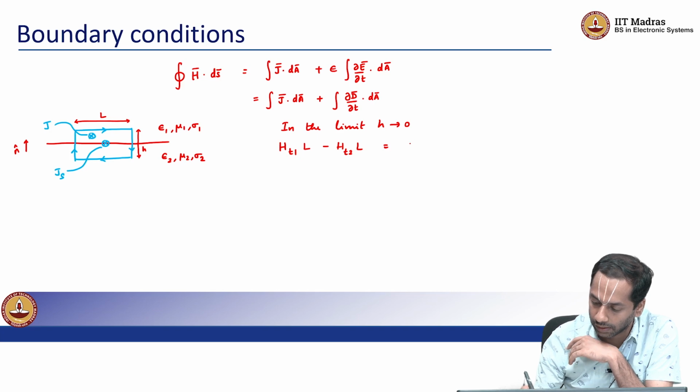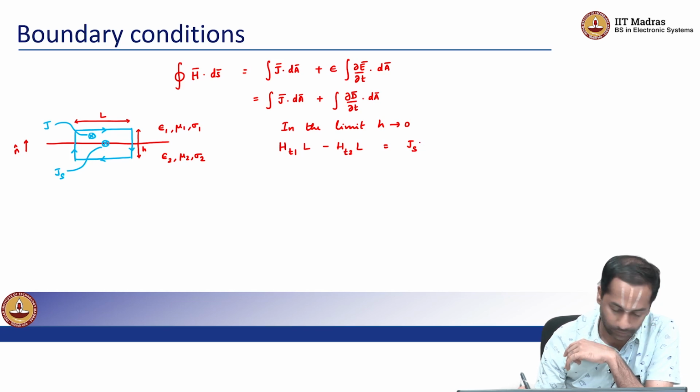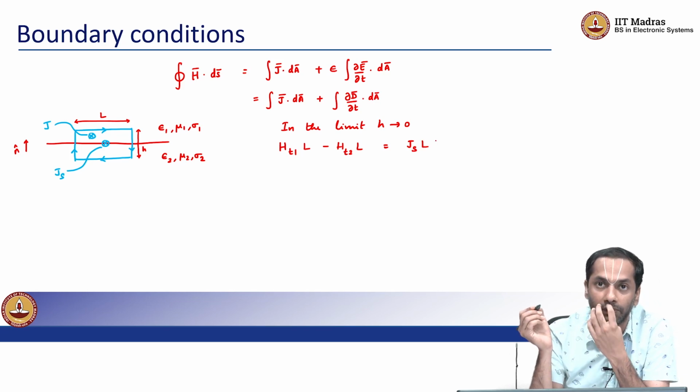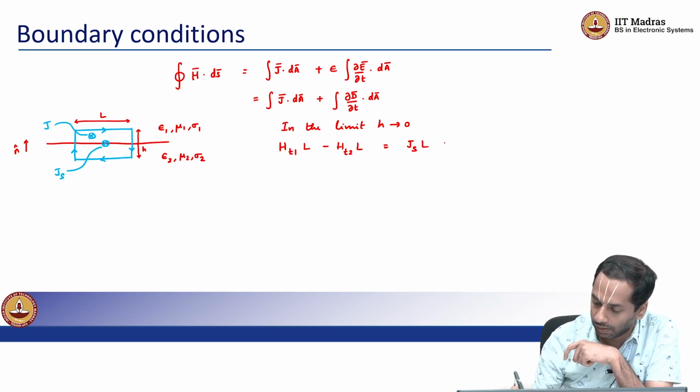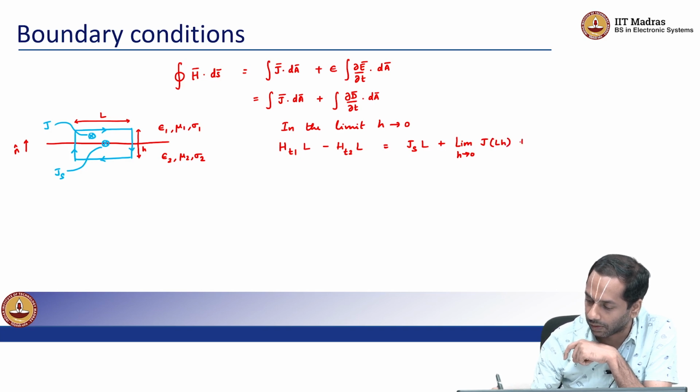So the volume current, so the surface current becomes Js times L, that gives us the current enclosed, whereas in the limit h tends to 0, J times LH is going to go to 0, and similarly the electrical flux is also going to go to 0.